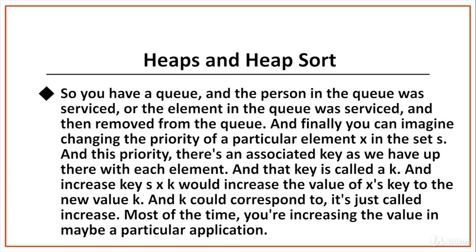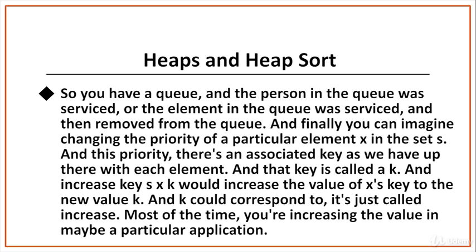And finally, you can imagine changing the priority of a particular element x in the set S. There is an associated key with each element, and that key is called k. increase_key(S, x, k) would increase the value of x's key to the new value k.